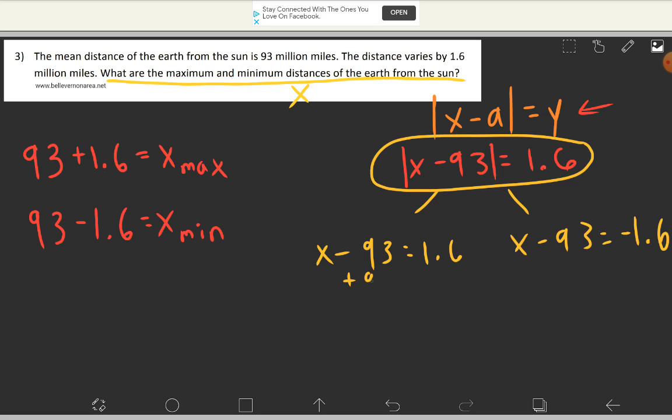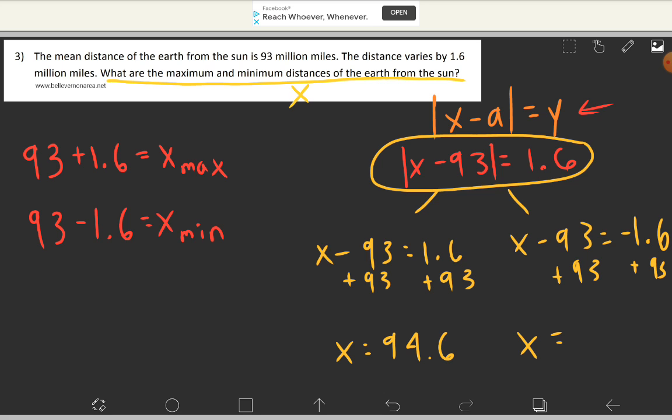So add 93 to both sides, and we will get x equals 94.6. And add 93 on both sides here, and x equals, let's see, 9 minus 1 is 8, wait, hang on, minus 1.6 would be 93.4.